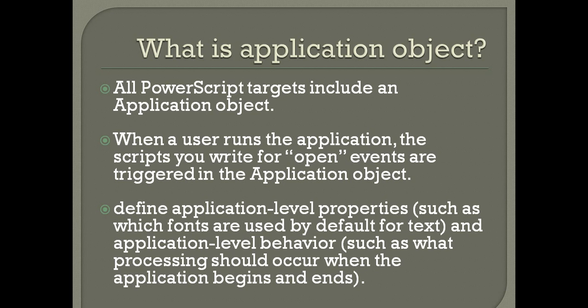It means how our application starts, what action is performed, and if my application is going to close, what action you perform. Those are the two main things here. And any default thing you should declare at the application object level.